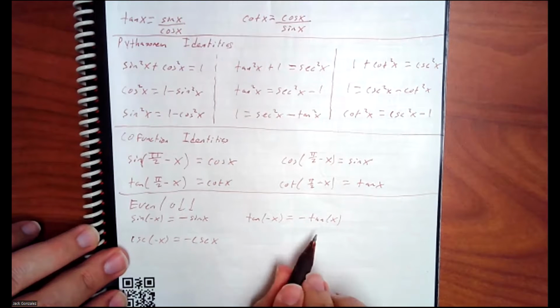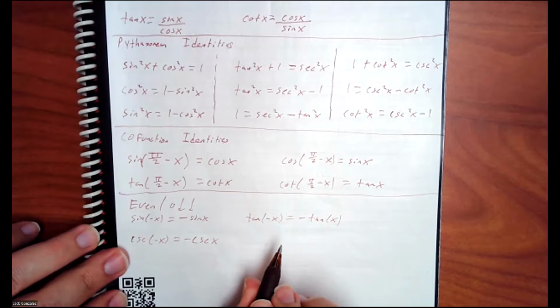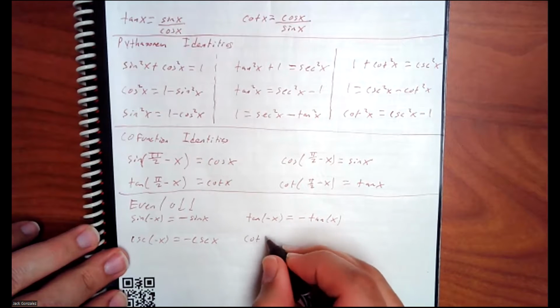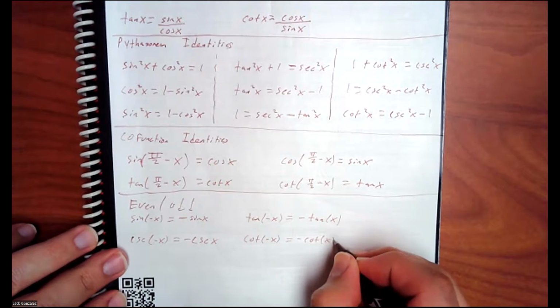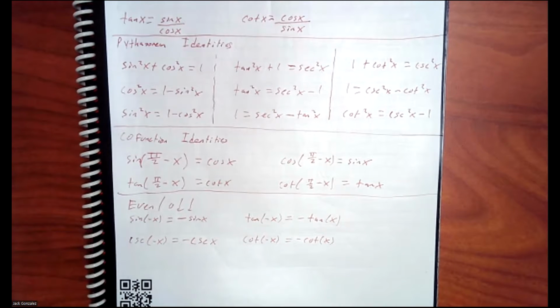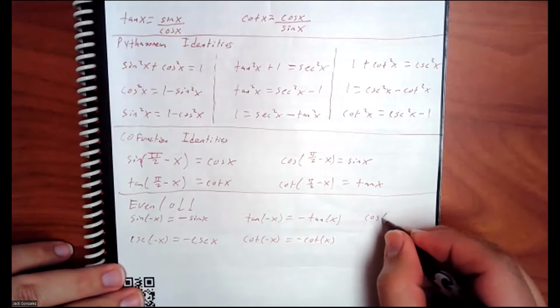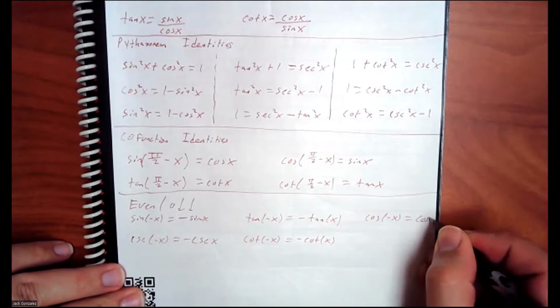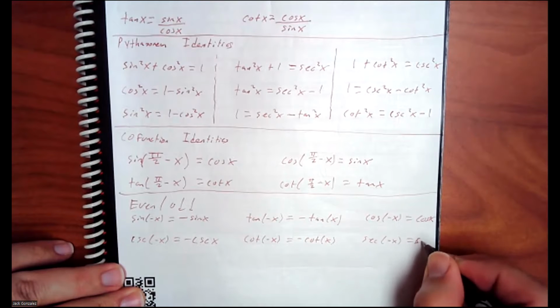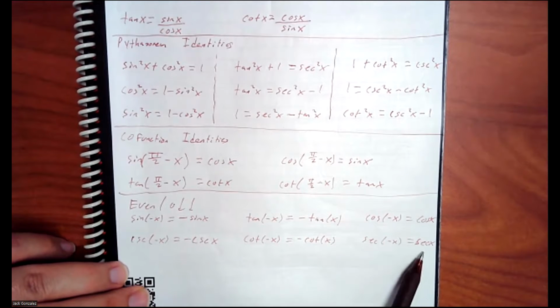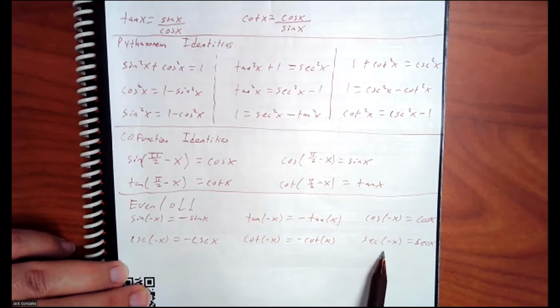That is a property of being odd. Cotangent, same deal. So almost all of them are odd, except cosine and its reciprocal. So cosine is an even one, which absorbs negatives. And secant is the same deal. So if you plug in a negative into cosine, it's as if you plugged in a positive. Secant, same thing.